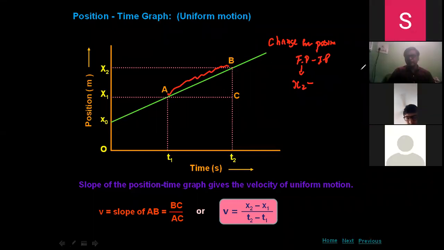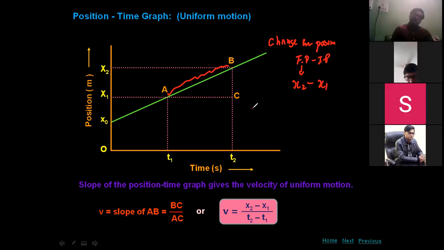It's x1. Yes, it is x1. So velocity is change in position. In place of change in position, we will write x2 minus x1 upon change in time.